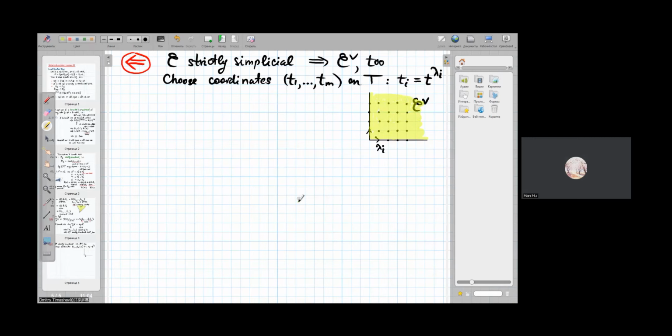And now if we choose the coordinates in this way, then we immediately see that the coordinate algebra of X is just a polynomial algebra in these indeterminates, in these coordinates. It is just a polynomial algebra in T1, ..., Tm.